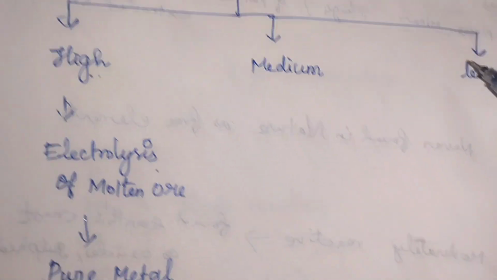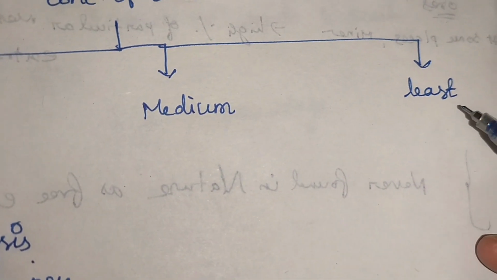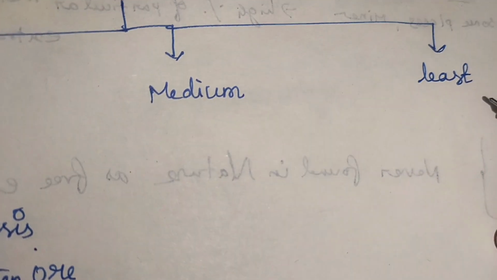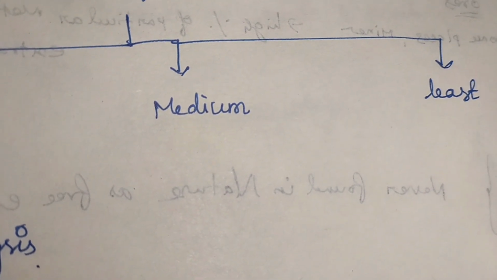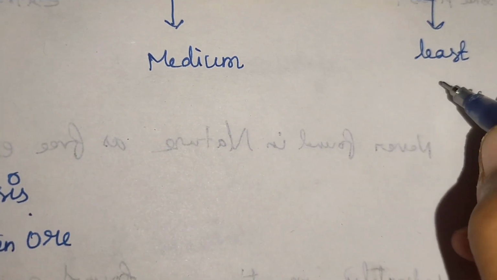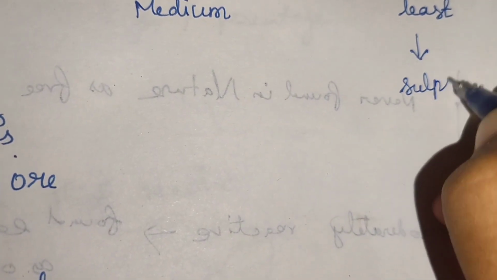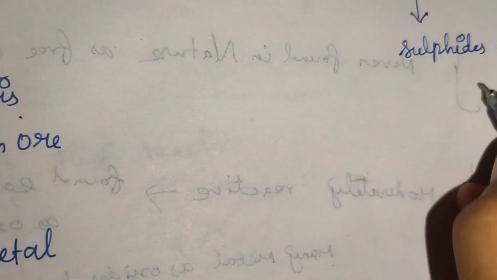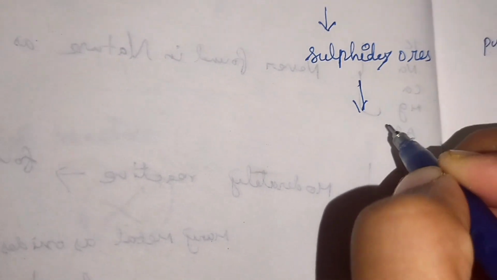Now come to least reactive metal. Least reactive metals, I said silver, gold, platinum, copper and so on. Copper and silver are in the form of their oxides and sulfides. So these least reactive metals are in the form of sulfide ores. And what process are we using?